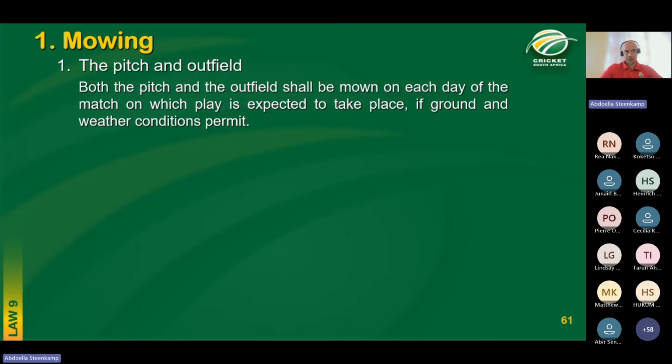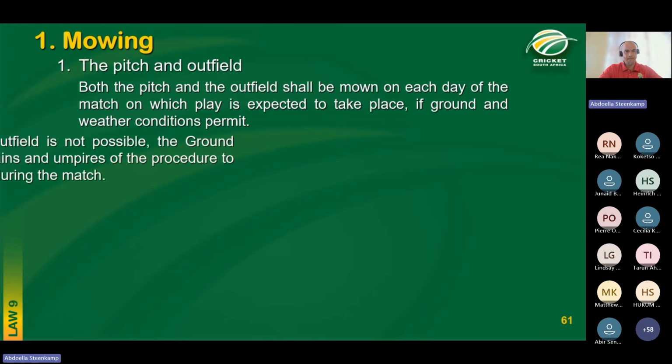Obviously it's going to definitely favor one side. So to try to keep conditions the same over the 5 days, the pitch and the outfield need to be mowed on each day.